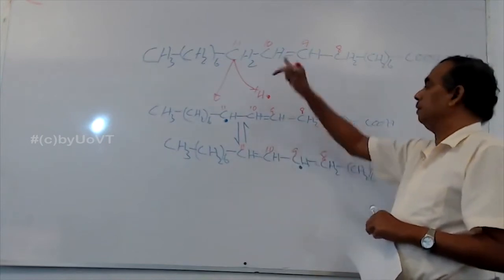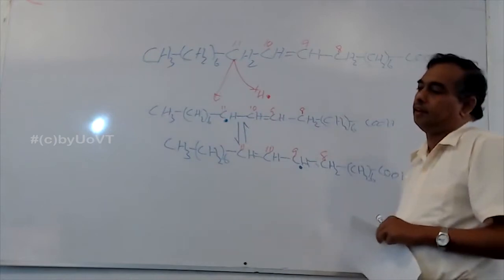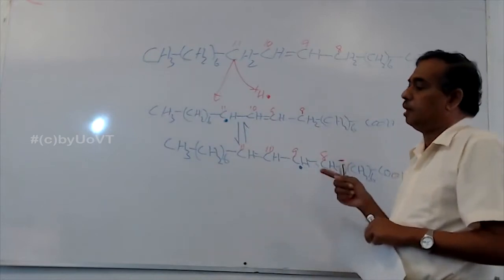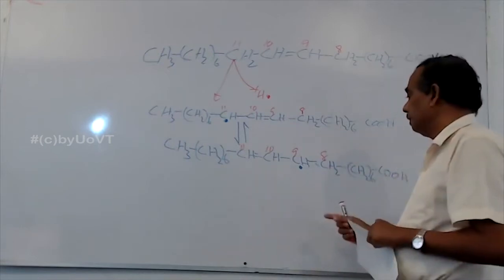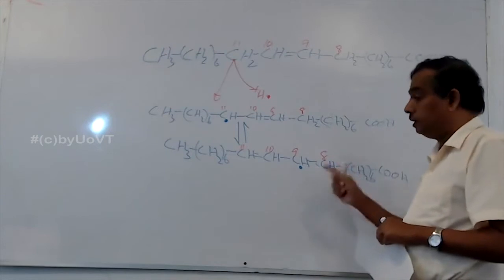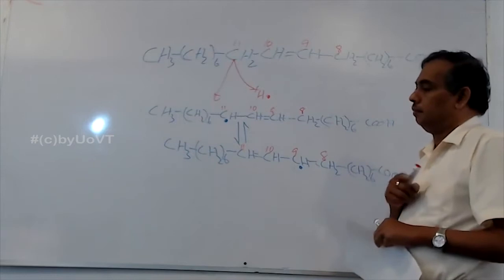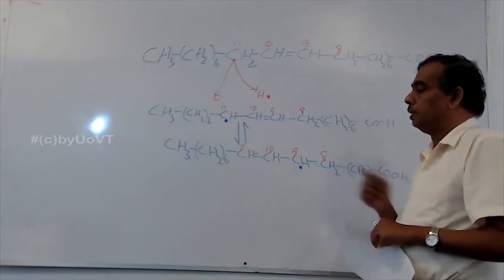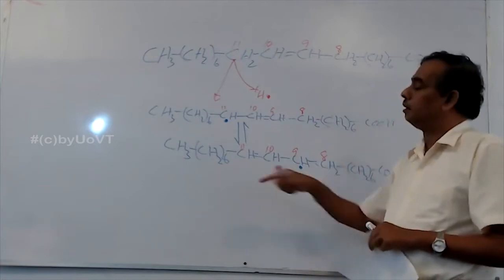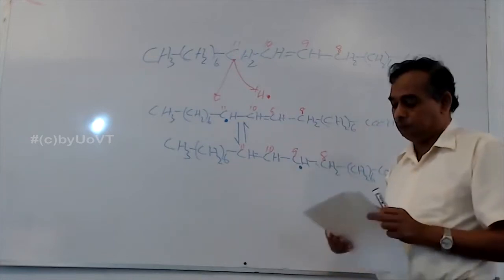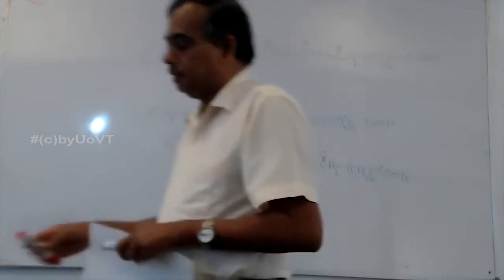Then the double bond shifted to the 10th position. Initially, the double bond was at 9, 10. Now the double bond is at the 10th level, because of this free radical. But still, this is a free radical, remember, because we do not give additional electrons to the system. Within the system, it's rearranged like this possible structure.